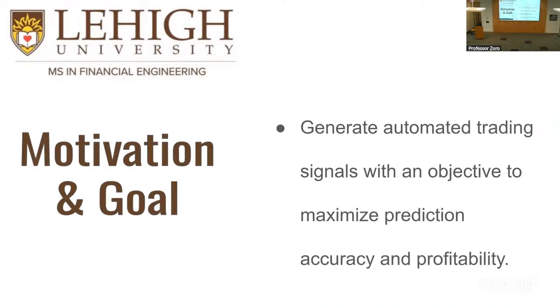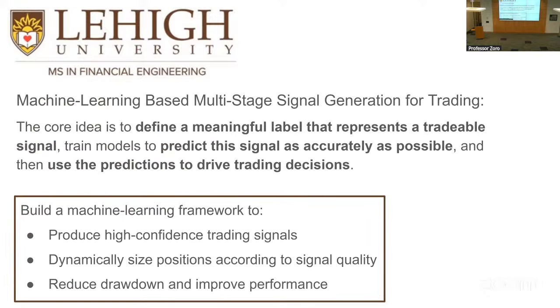So the motivation is to generate automated trading signals with the objective of predicting and also maximizing profitability. The multi-stage machine learning model begins with the signal generation, which is our base model.